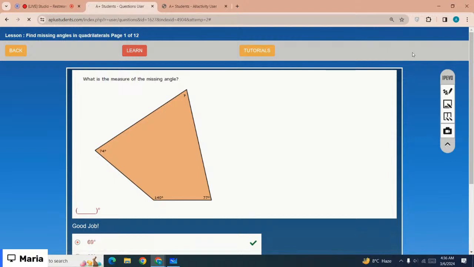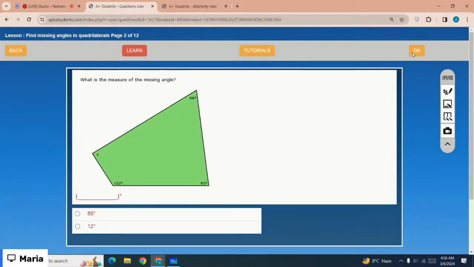Okay, the next one is what is the missing angle? So which is the correct option? You can do the calculations and write the correct option in the chat box. 122 plus 83 plus 66. That is 271, and 360 minus 271. So which is the correct option?